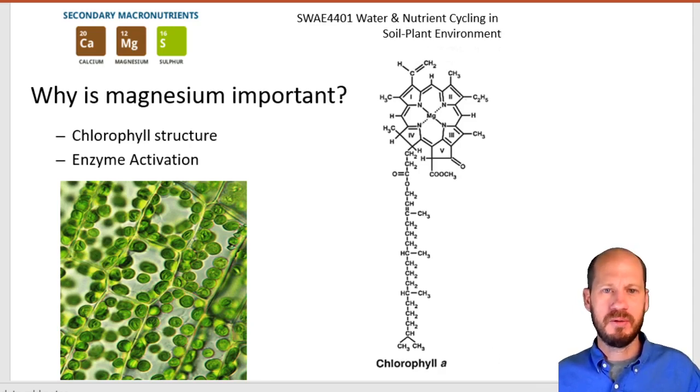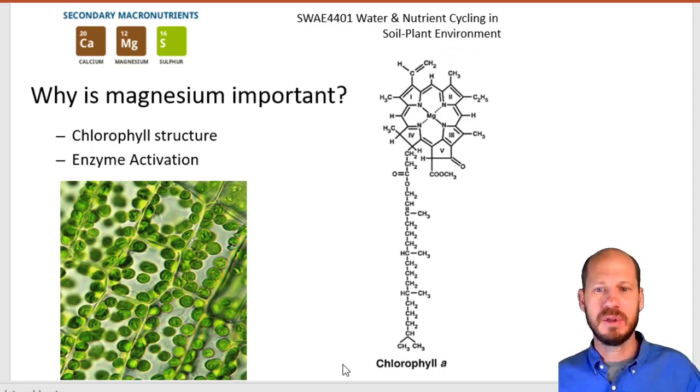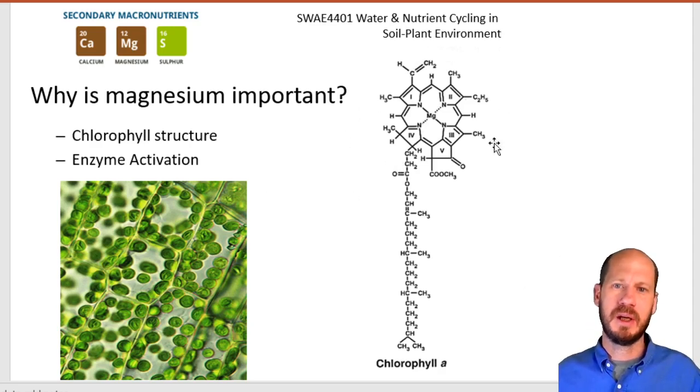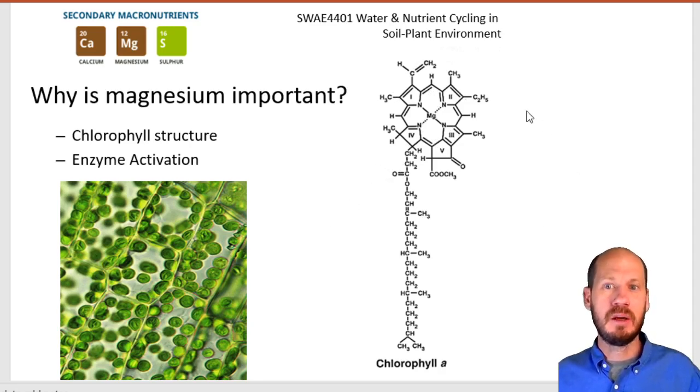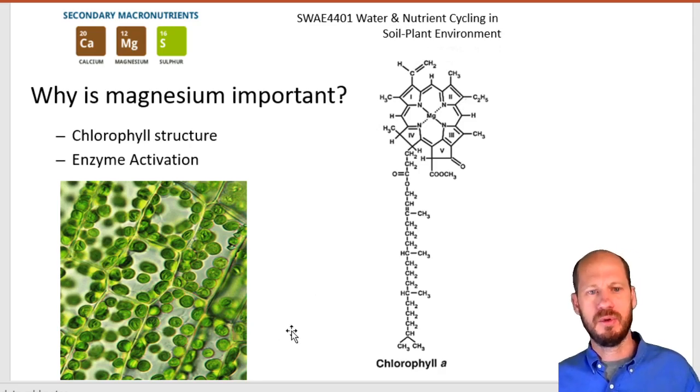Magnesium is part of the chlorophyll structure, and the magnesium at the center of this chlorophyll structure is what is able to absorb the wavelengths of light and vibrate these molecules, and this is what allows photosynthesis to occur. So magnesium deficiency is directly affecting photosynthesis, whereas calcium deficiency is usually affecting tissue growth. But magnesium's unique role is on the chlorophyll and the photosynthesis.